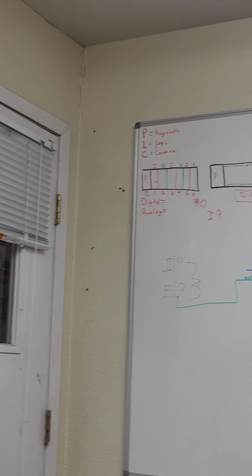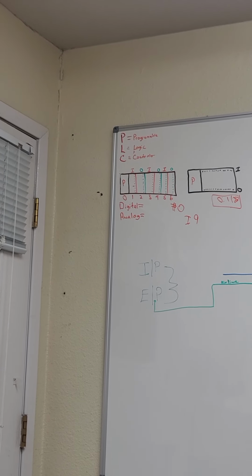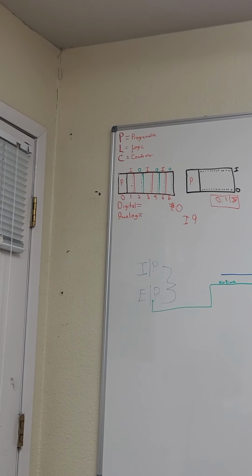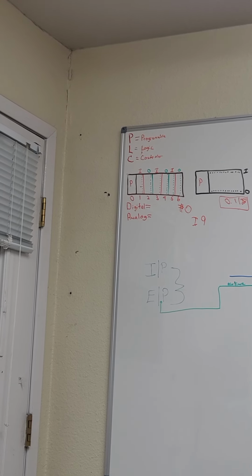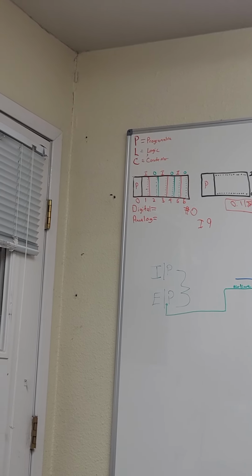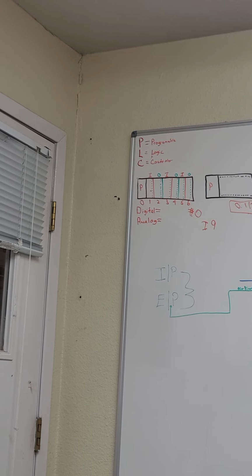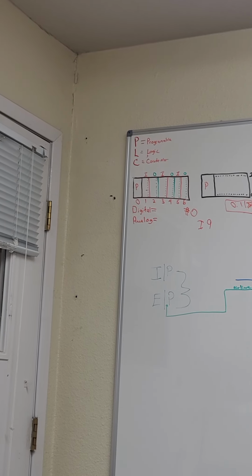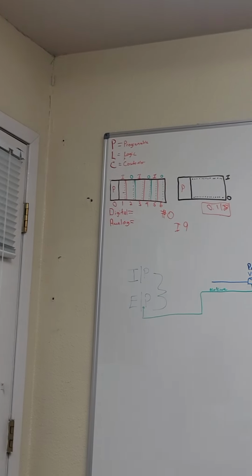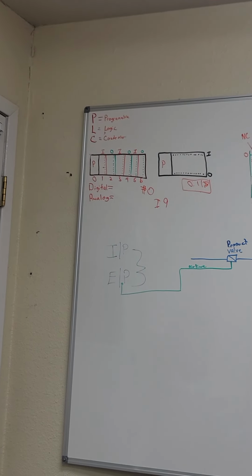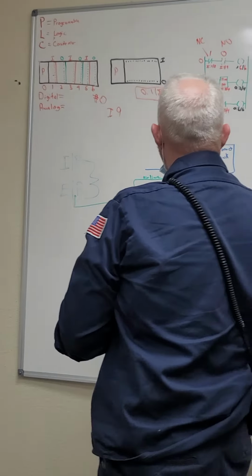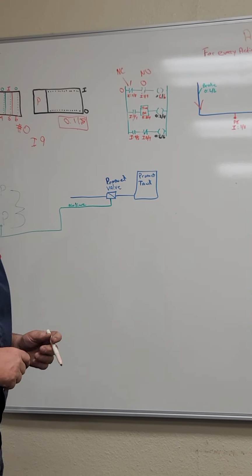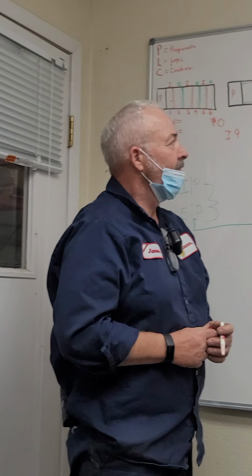If this limit switch 2-4 closes, because there's product blocking that eye, what output is it gonna fire? 0-2-4. Zero's your output and it's 2-4. That's O, guys, just FYI.